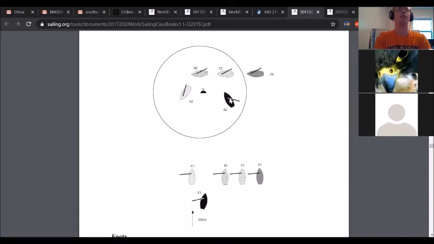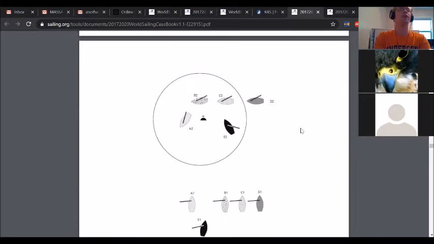Remember, right here there's a clear astern, but by the time they get to this situation, there is no clear astern or clear ahead. So again, by default, the boats are considered overlapped, and at least one of them is in the zone. So E gets mark room from D.